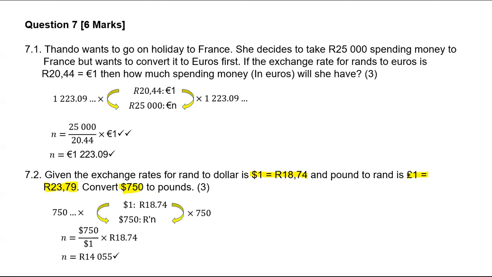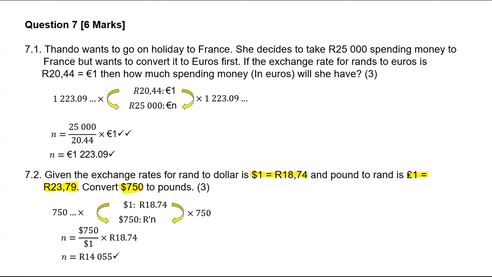Now that I've got the rands to the dollars, I can now figure out how to convert these rands to pounds because they want us to convert them to pounds. So you first convert the dollars to rands and you convert the rands to the pounds because it's only the rand that has the relationship between the dollar and the pounds.